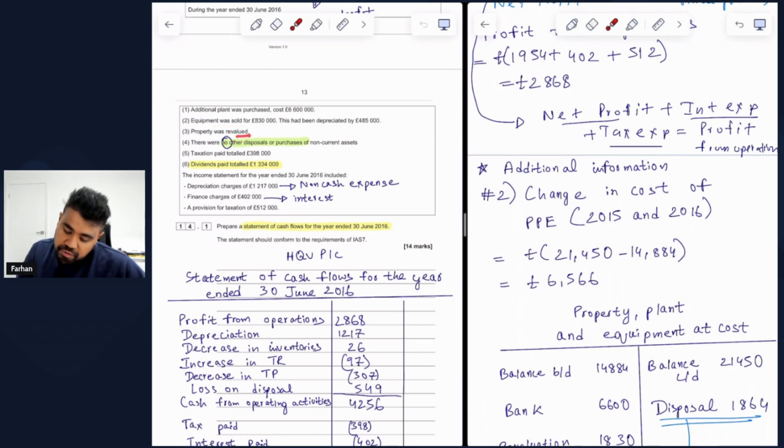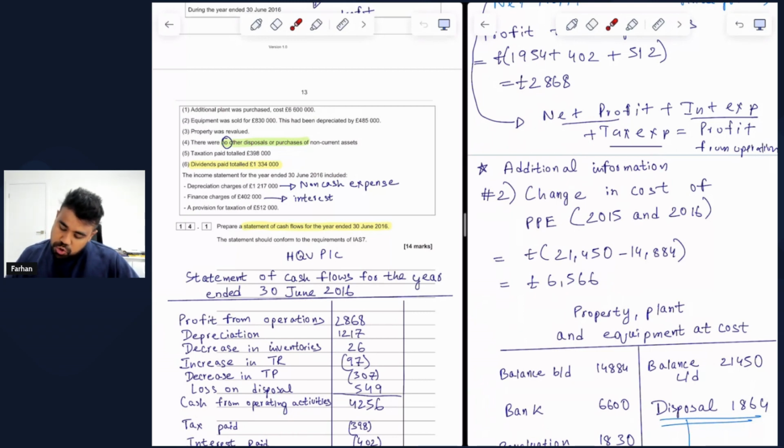Again, property was revalued, and in the last one, it's given that there were no other disposals or purchases of non-current assets. So the only thing that we have purchased in this case is a plant, and the only thing that we have sold or disposed in this case is an equipment. And the property, which refers to the land that we have, has been revalued. And apart from that, there have been no additions or disposals of any other types of non-current assets during this financial year ending 30 June 2016.